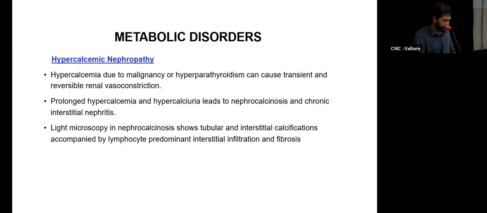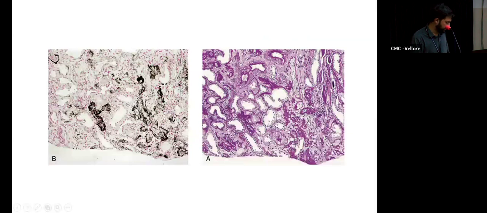Light microscopy can show tubular and interstitial calcifications accompanied by lymphocyte-predominant interstitial infiltrates and fibrosis. Here is a von Kossa stain, which picks up black color, showing a lot of calcium deposits in the interstitium. Here it's an H&E stain, which shows blue aggregates in the interstitium, again showing tubular and interstitial infiltrates and lymphocytes.